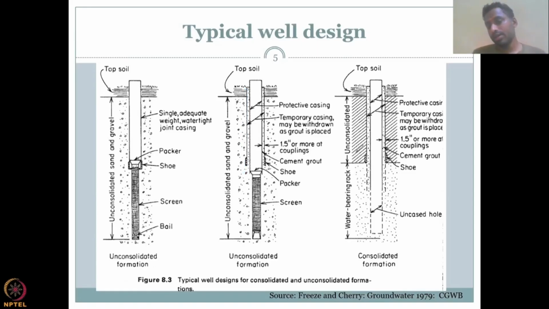Moving on, we have the unconsolidated on the top and the deep aquifer at the bottom. So this is the consolidated formation. More importantly, it is the confined aquifers. You could see that there is a small boundary between these two, and you're not interested in the top water.